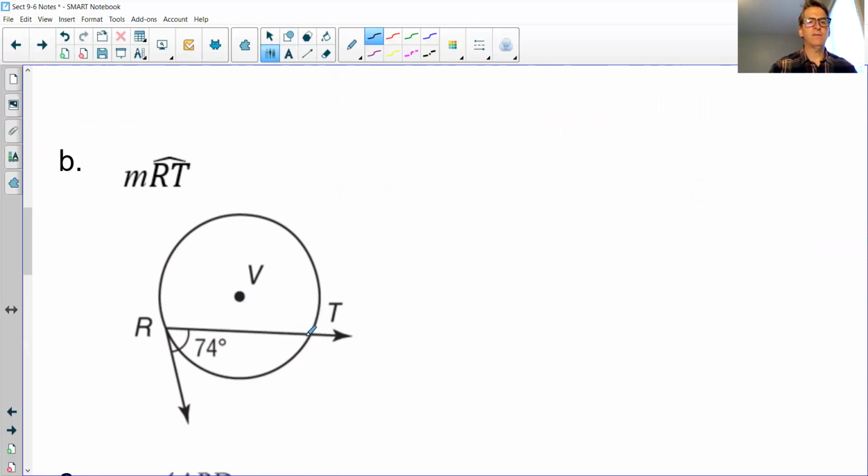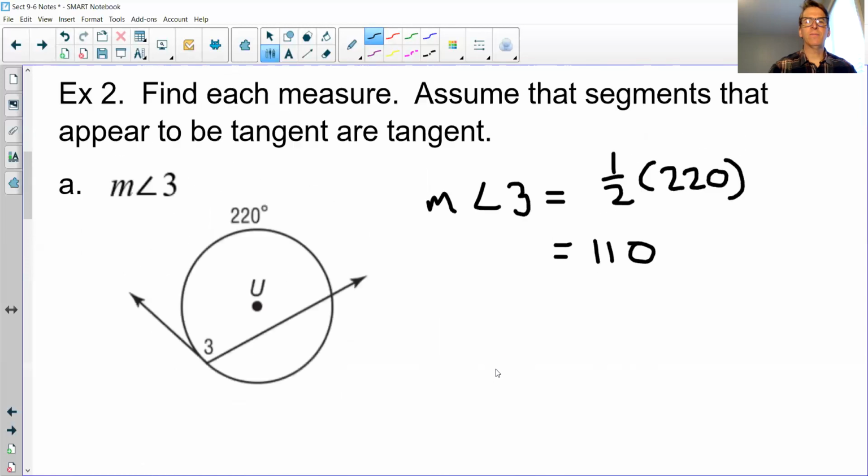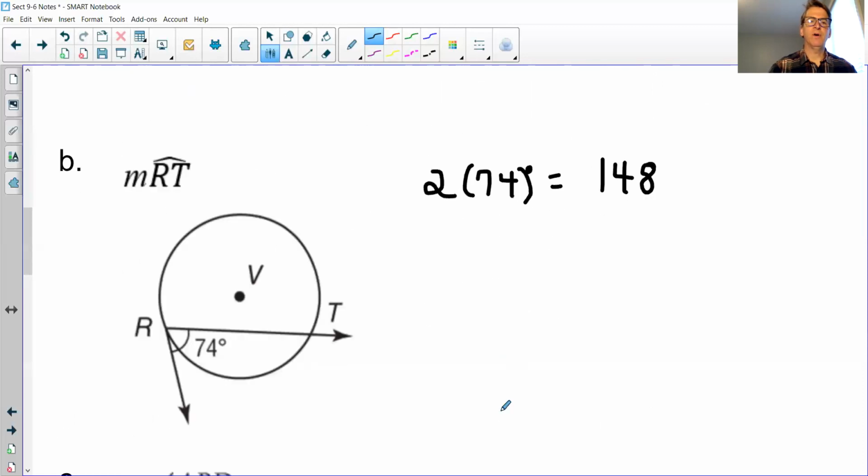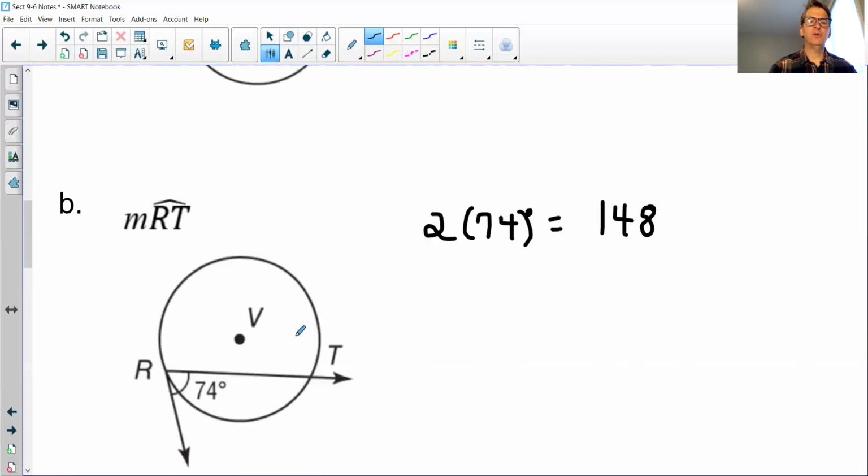So if we can find this part here first, which is going to be 2 times 74, that will equal 148. Remember, the measure of this angle is 1/2 of the arc. So if you multiply this times 2, you're going to get 148.